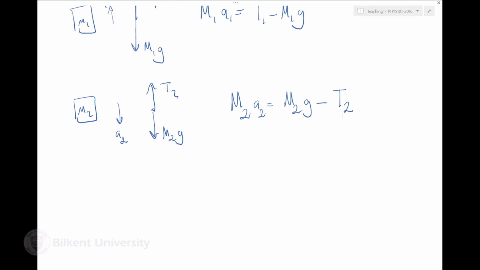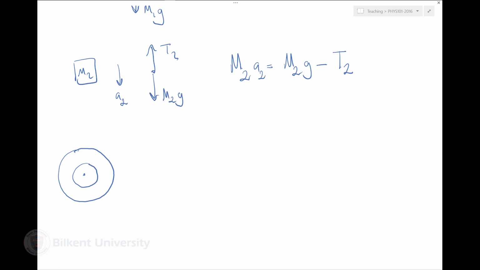Now, how about the free body diagram for my pulley? Am I interested in F equals ma for this pulley? No, because it's not going to move. It's nailed to the wall, right? But that's not the only Newton's equation I have now. I also have torque equals I times alpha, right?